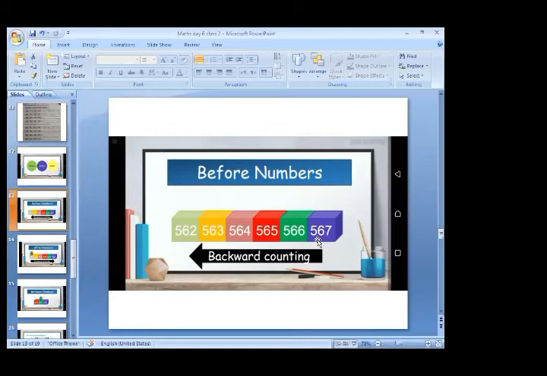Which number comes before 567? We count backward. 566. And which number comes before 566? 565. So for the before number, we count backward.